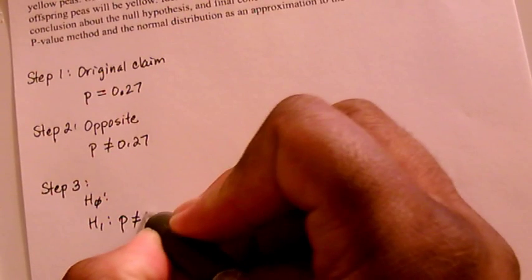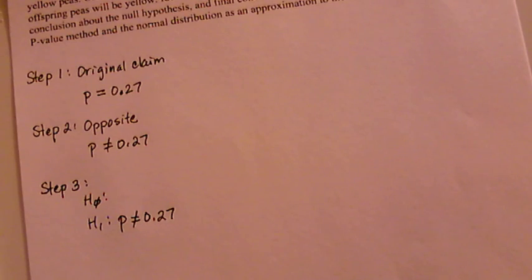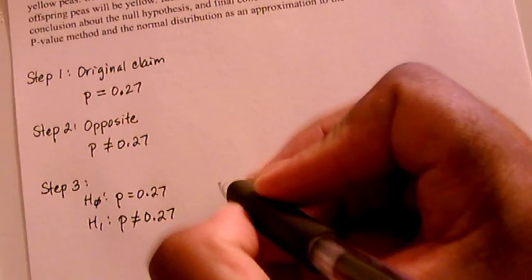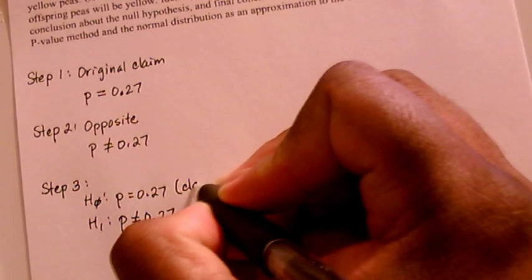So P is not equal to 0.27. And the P equal 0.27 must be your null hypothesis, because the null always has the equal sign, and that null hypothesis is your claim, because the original claim says P is equal to 0.27.